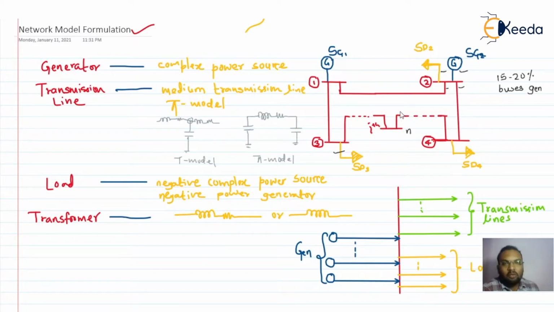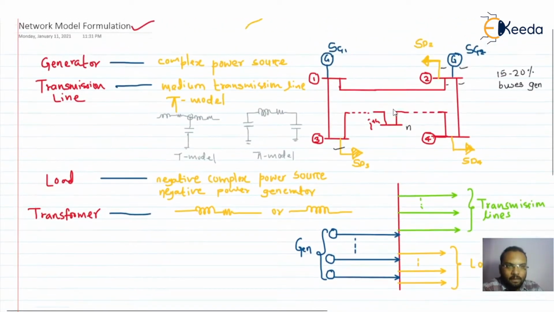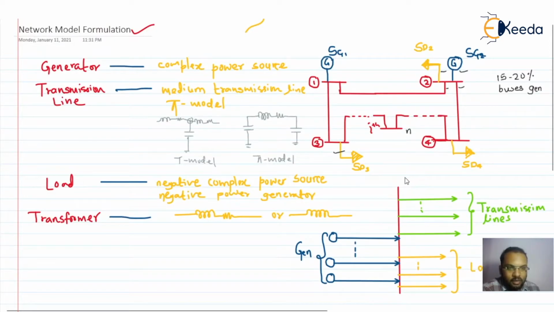Now I'm going to model the network for this n bus power system. In the figure below, I have taken out one of the buses from this power system.